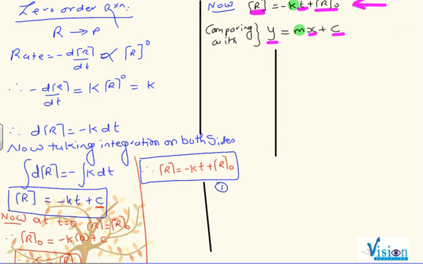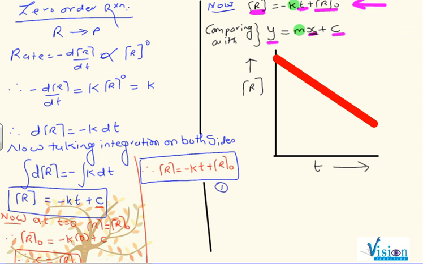I'm taking concentration of reactant on the vertical axis, and on the horizontal axis, that is x, time t. देन अगर हम R वर्सेस t का ग्राफ प्लॉट करते हैं, it will represent a straight line. स्ट्रेट लाइन आपको मिलने वाली है.